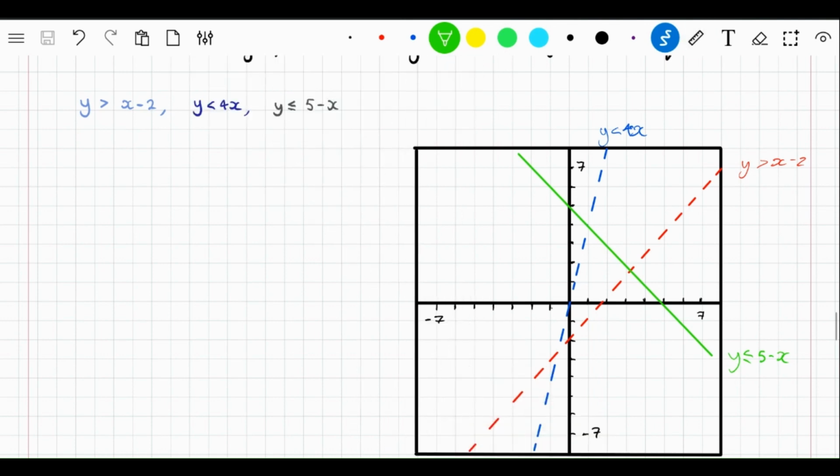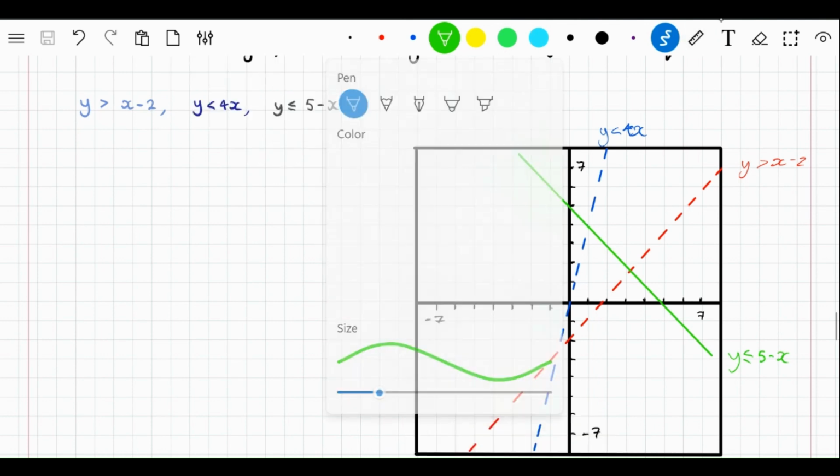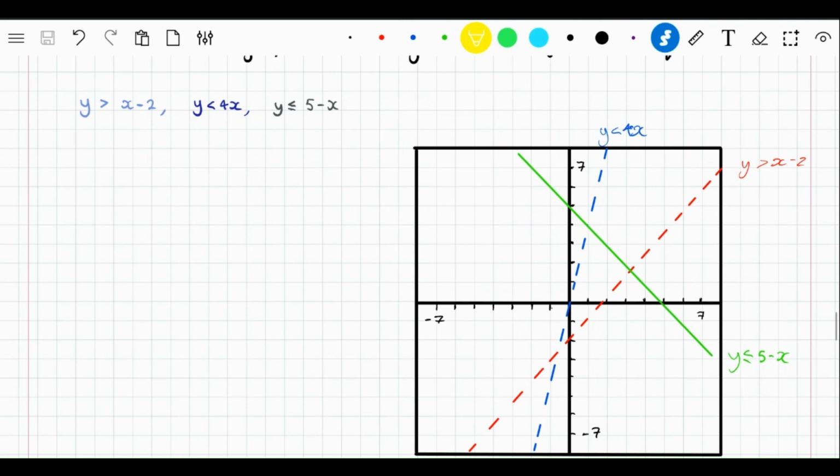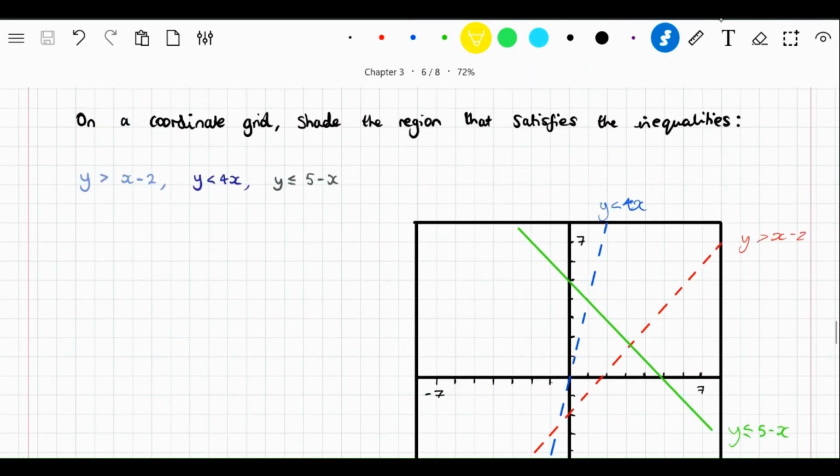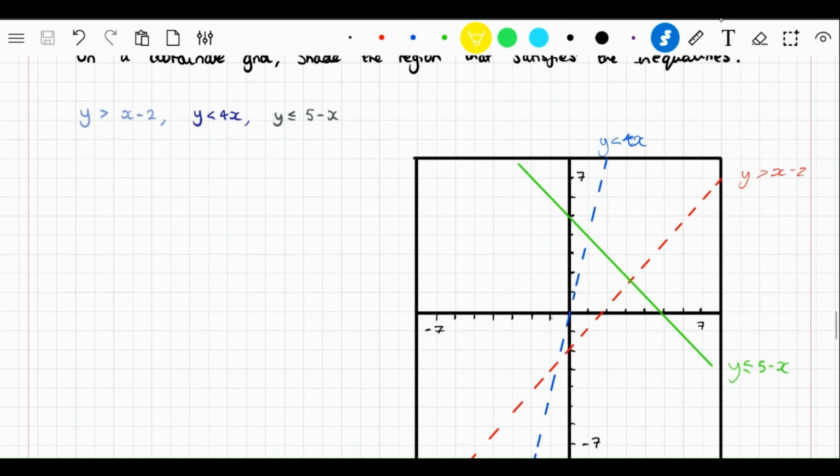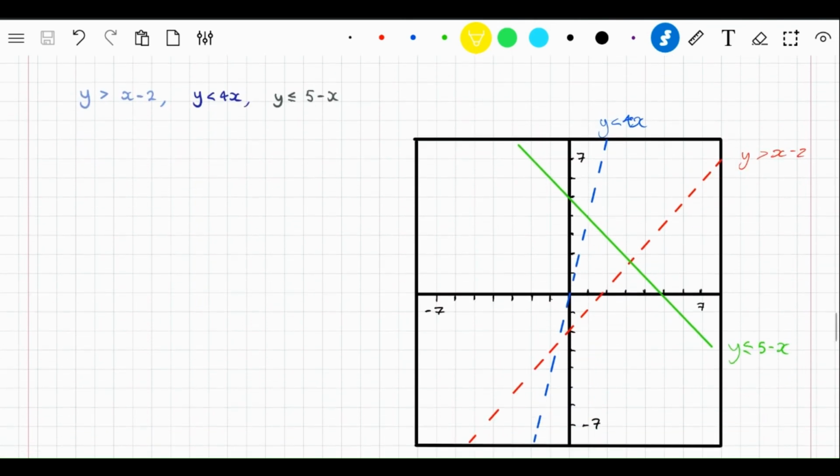Now we've got all 3 of our lines drawn, and if we think about each line individually, we have to find out the region which satisfies all of these different inequalities. One is y is greater than x minus 2, so it's going to be above this line here.